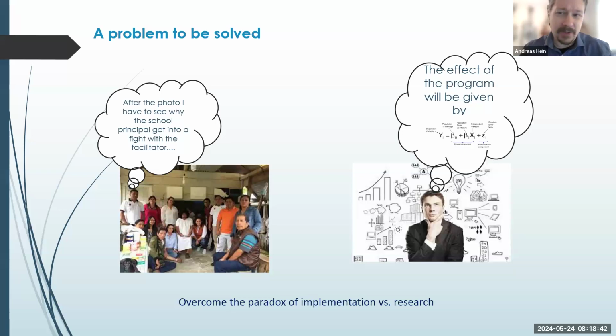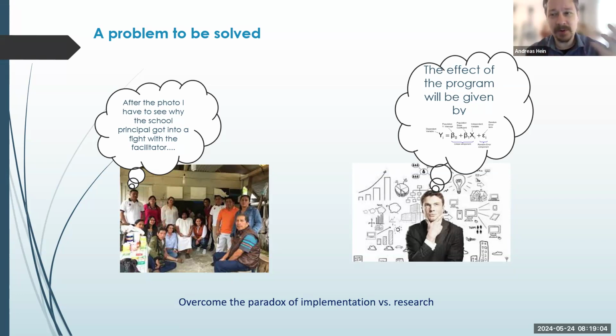Then there's another idea I wanted to share with you: implementation science and evidence-based intervention go hand in hand, because we have to work in a world where there are two implementation sciences. It's about bringing together two worlds.